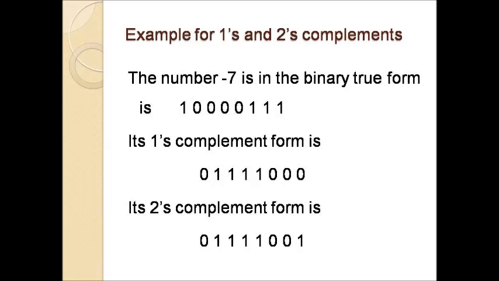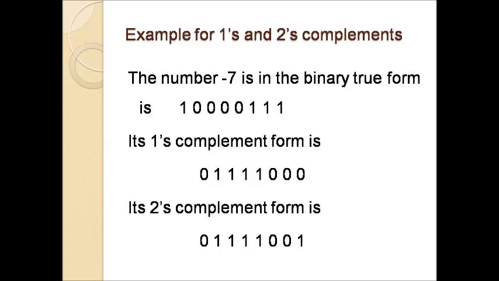Now look at the 1's complement form of -7. For the 1's complement, we replace all the 1's with 0 and all the 0's with 1. As you can see, the 1's complement form of -7 is written there. Here you can see its 2's complement form: you add 1 to the last bit and you get the 2's complement.